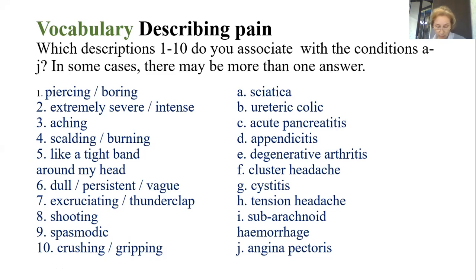Then there is cystitis, tension headache, subarachnoid hemorrhage, and angina pectoris. So do you know these conditions? Do you know what they mean? All of them? No reply.